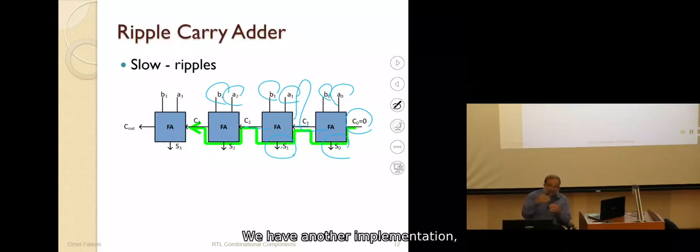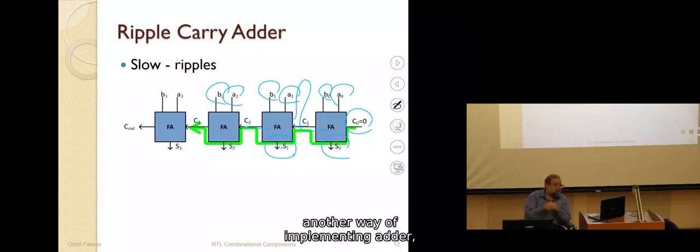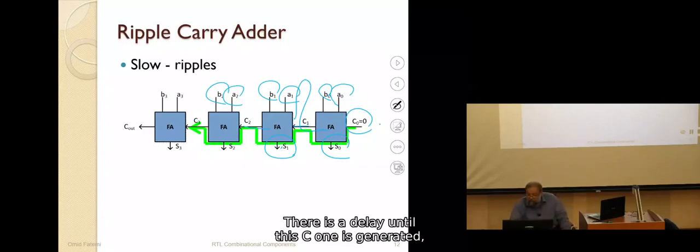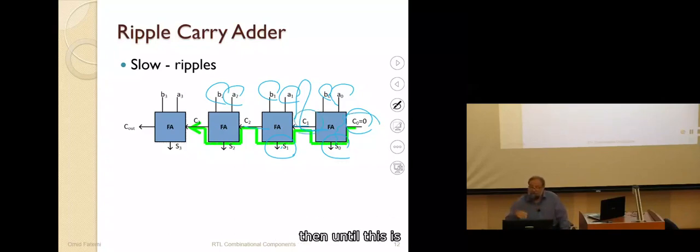We have another way of implementing adder, which we don't go through in our course. You get it in another course, which will be faster. We do something in parallel, because here you have to wait. There is a delay until this C1 is generated. Then until this is generated, this cannot function.